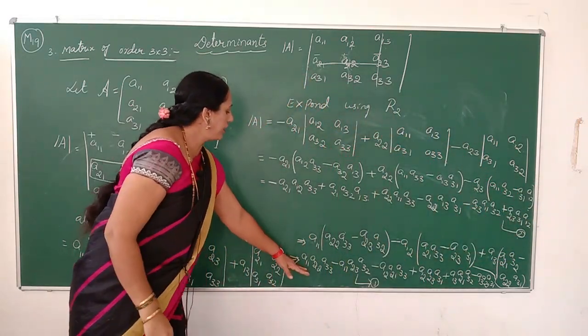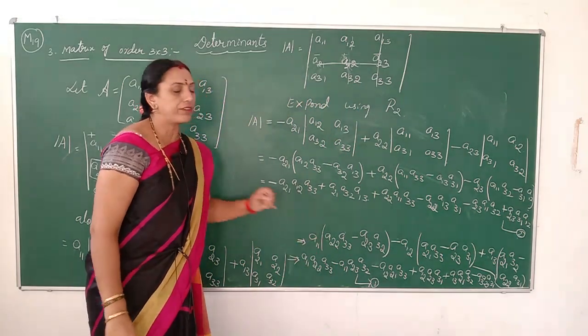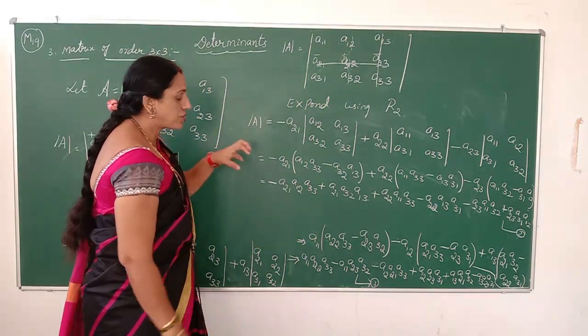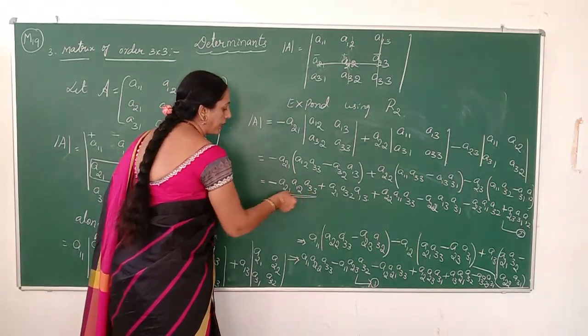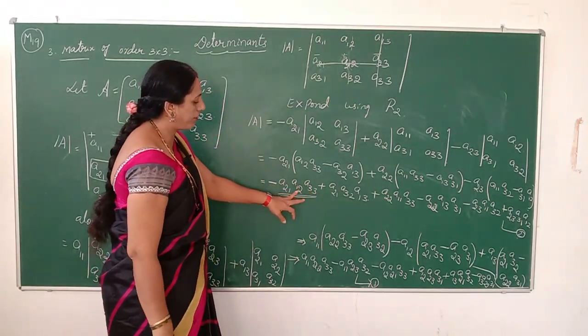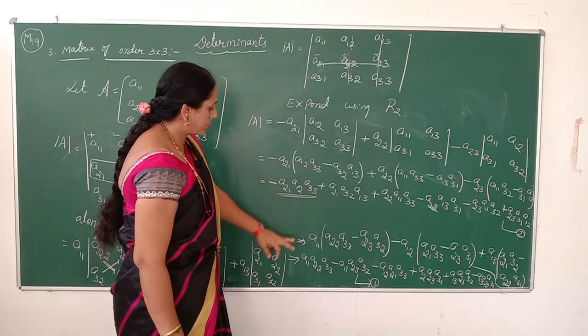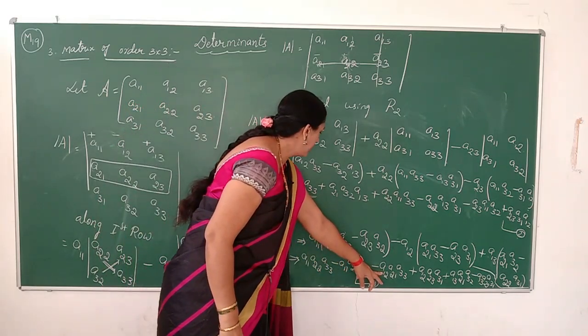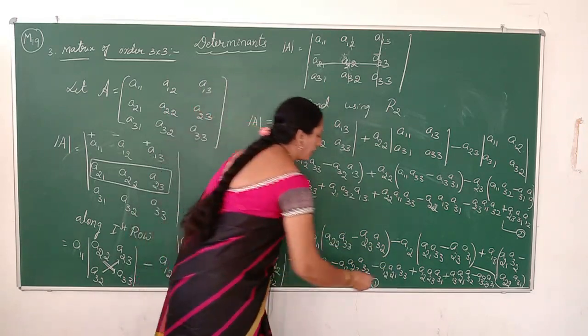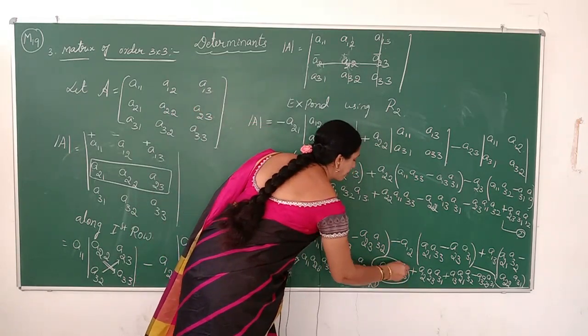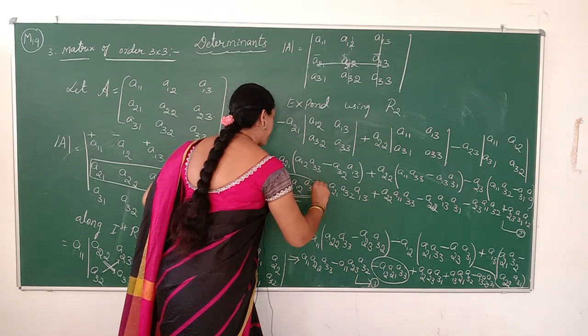So comparing equations 1 and 2, will both be equal or not? Each and every term is compared with the other. The first element, minus A21, A12, A33, can be compared with A12, A21, A33, including the sign; plus will be plus and minus will be minus, both are equal.